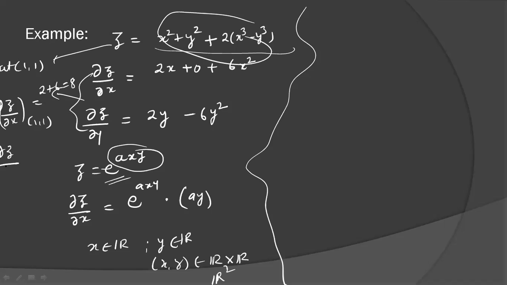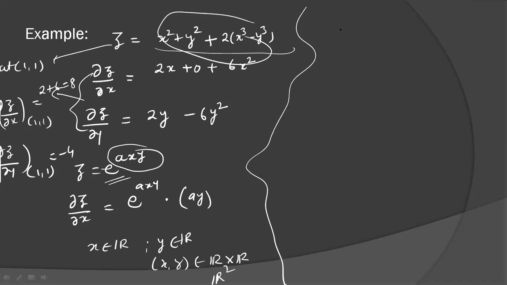If you are going to find del z by del y at 1 comma 1, it will be minus 4. Because the given function is defined at 1 comma 1, we can use direct differentiation, which I have studied in class 10 plus 1. Differentiating with respect to x means we are treating y as a constant, and differentiating with respect to y means we are treating x as a constant.